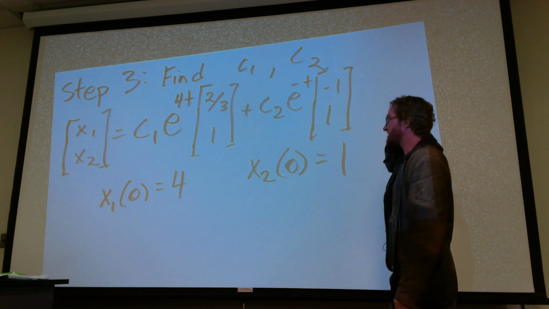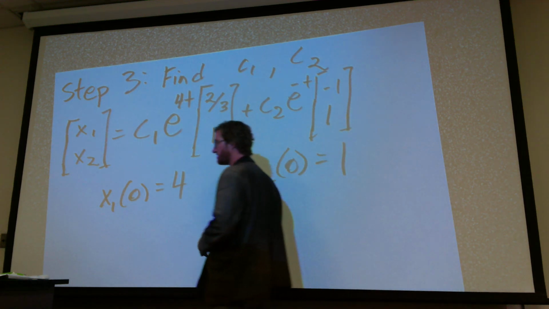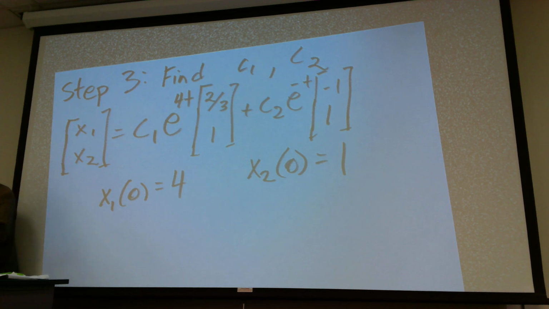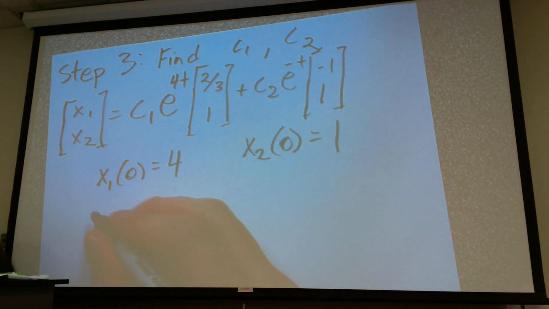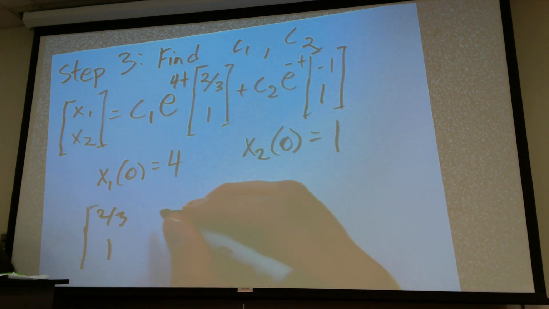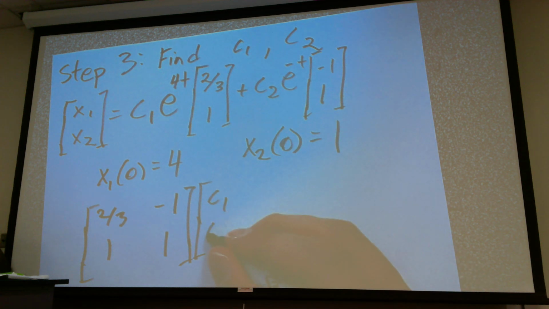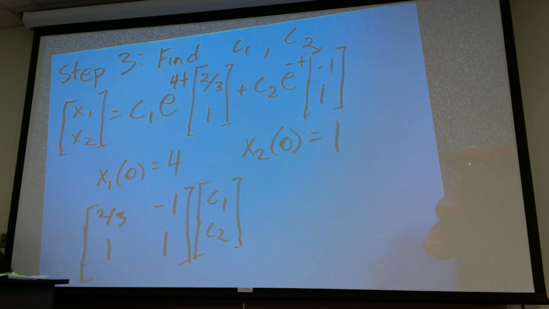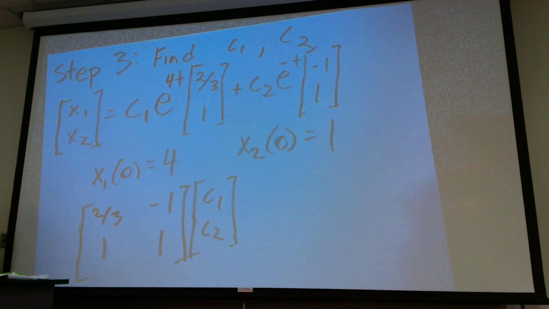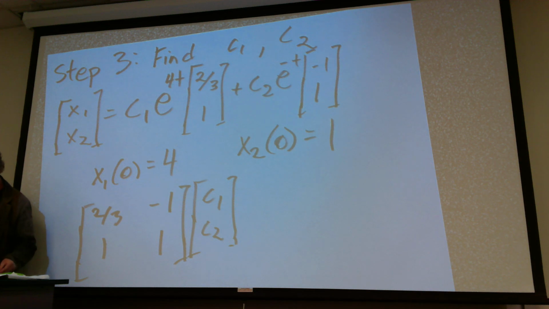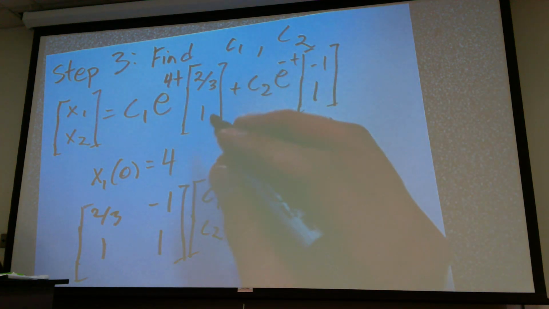And so if I was going to form this into a matrix and try to find C1 and C2, what would this come out to? This would come out to 2/3, 1, negative 1, 1. Now acting upon C1 and C2, oh, sorry, I wrote the numbers backwards.